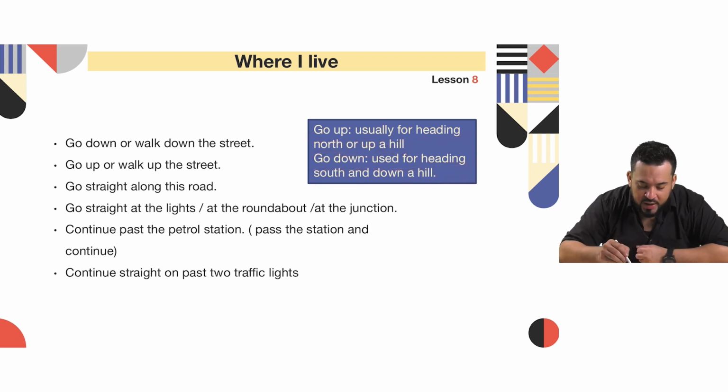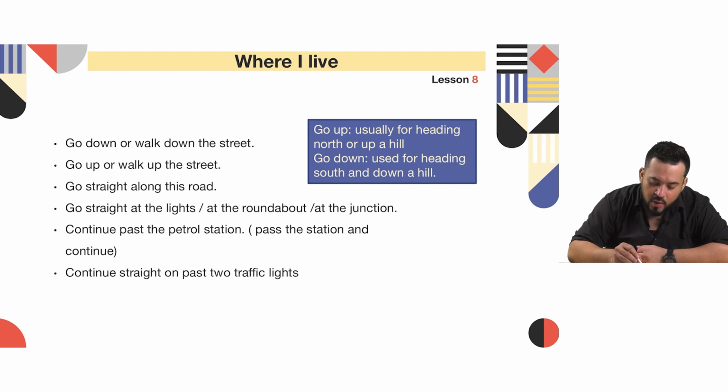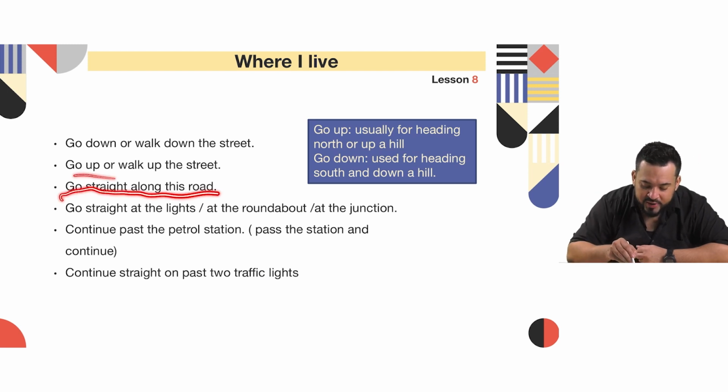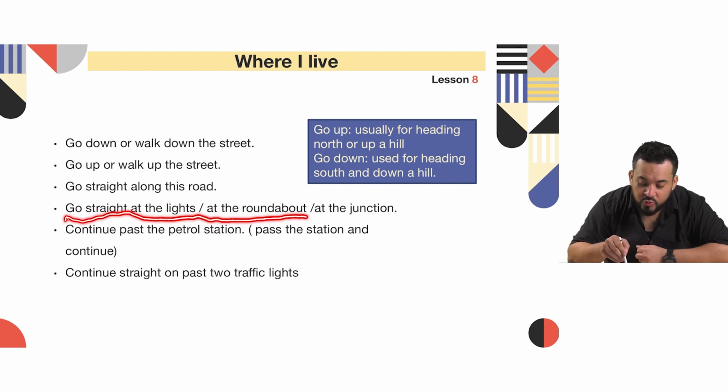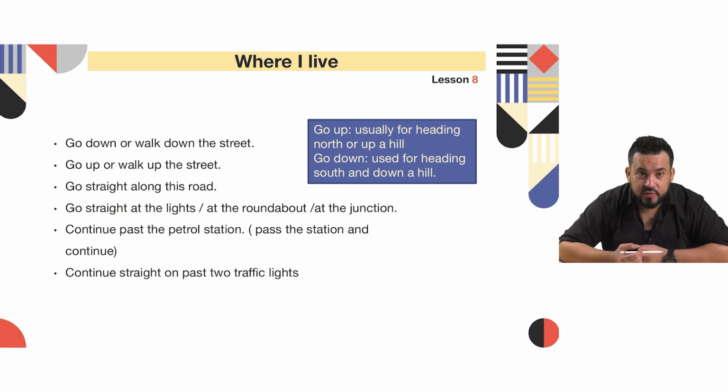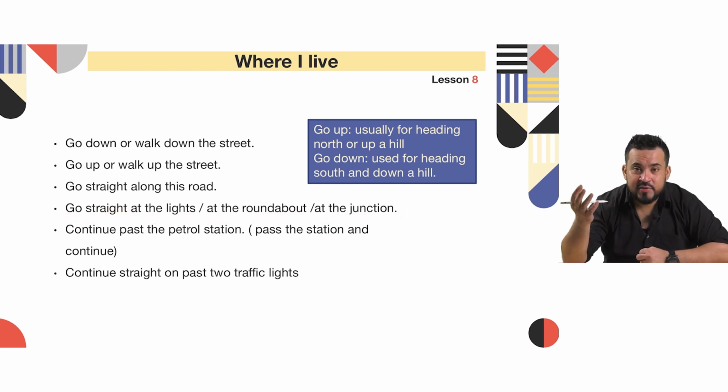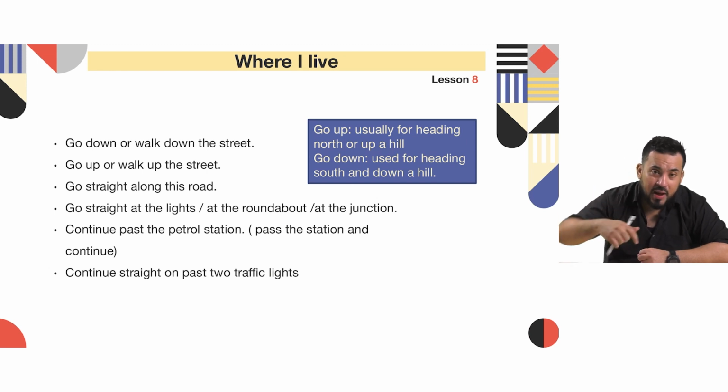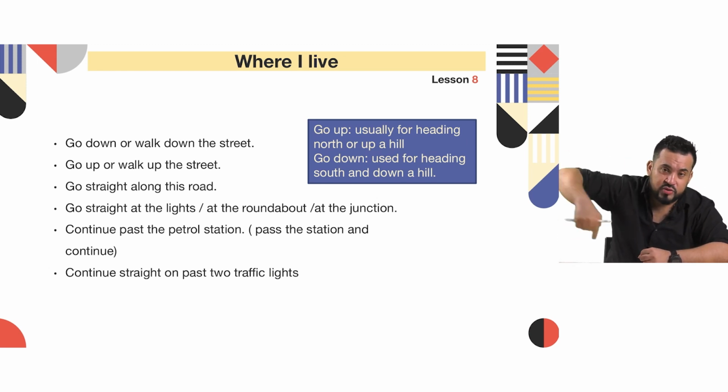So go down or walk down the street, go up or walk up the street, go straight along this road, go straight at the lights, or go straight at the roundabout, or go straight at the junction. The lights are the traffic lights, red, yellow, and green. Roundabout is the big round circle.